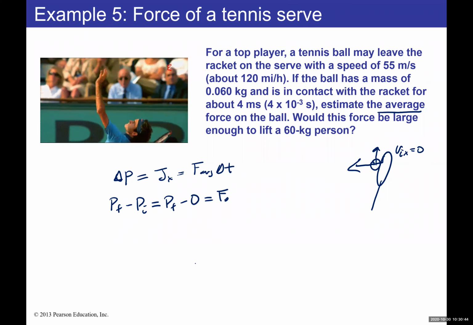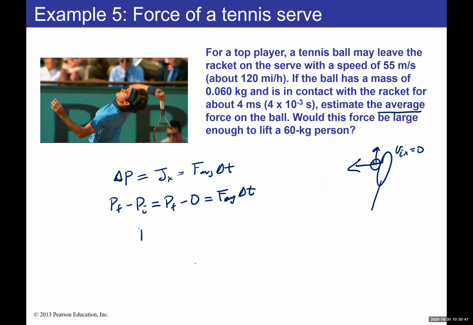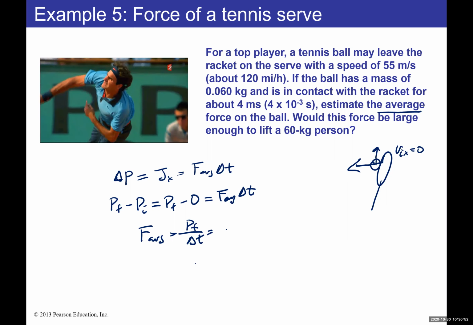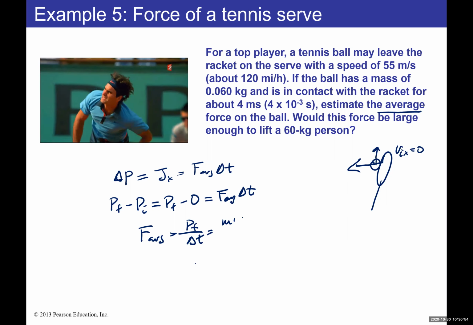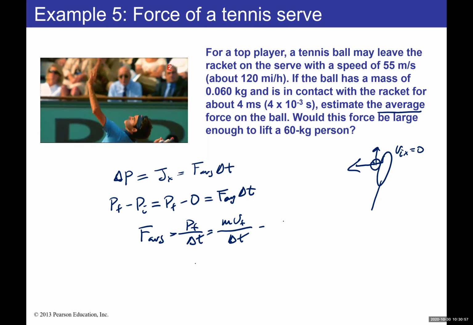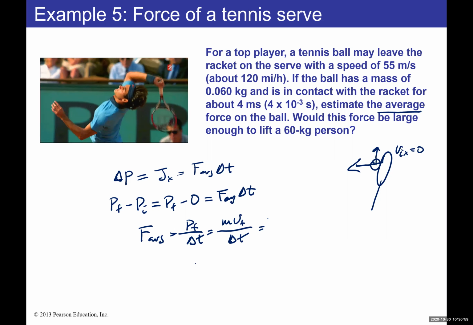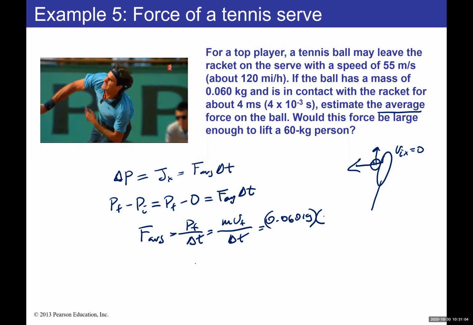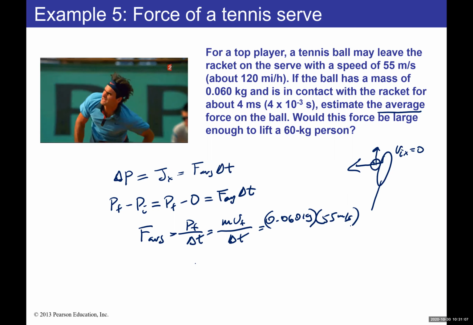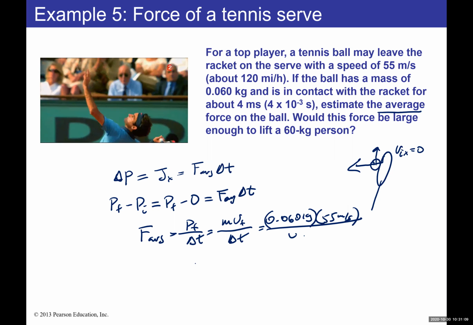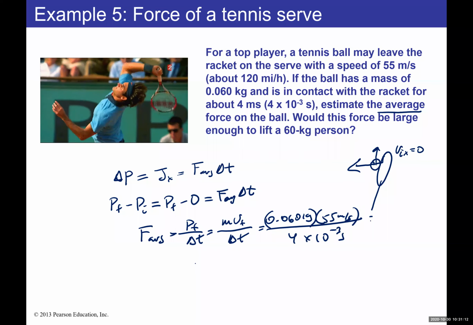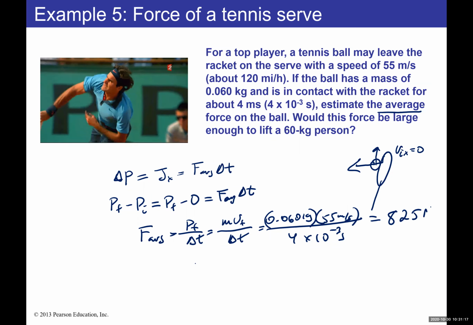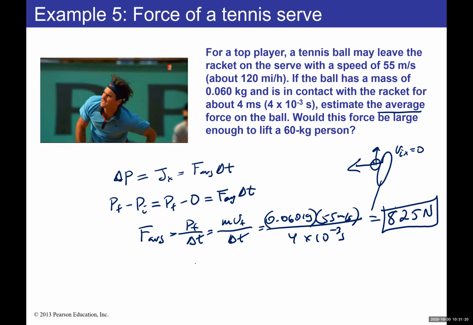And this is equal to F average delta T. Then F average is nothing but P final over delta T, which is mass times final velocity over delta T. So we have 0.06 kilogram times 55 meters per second, divided by 4 times 10 to the negative 3 seconds. We'll do this calculation. We should get 825 newtons. That's the amount of force.